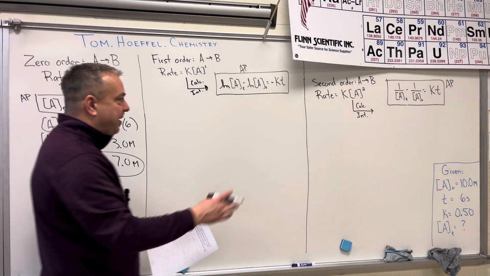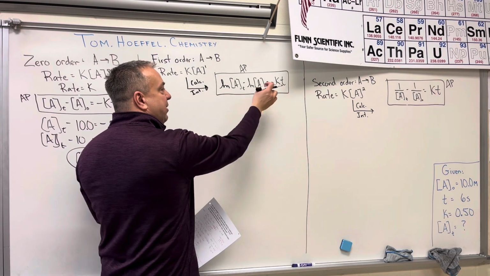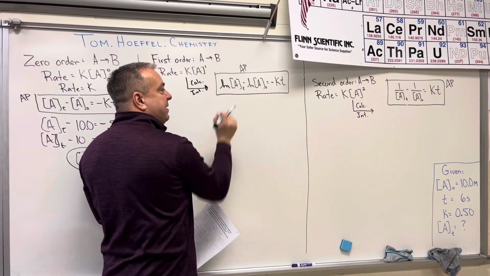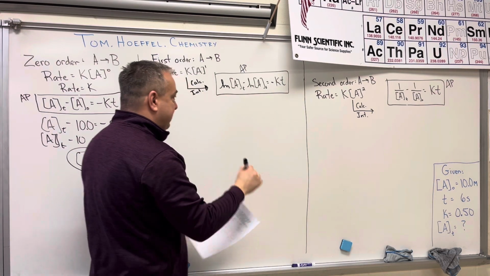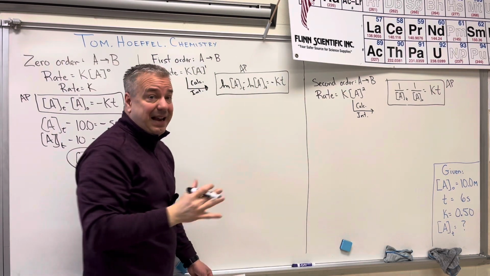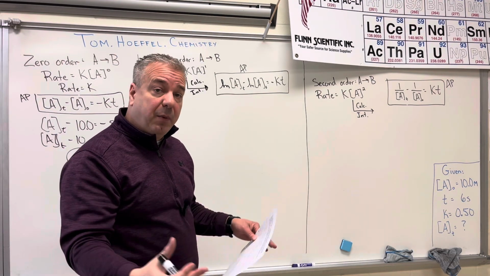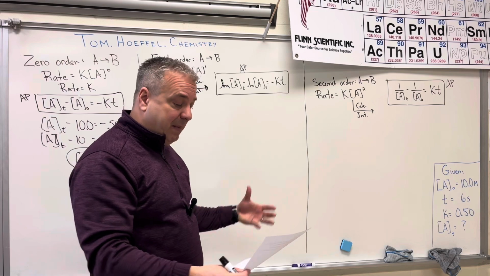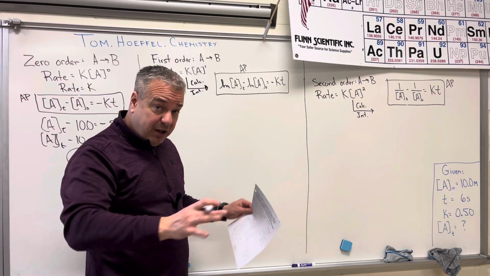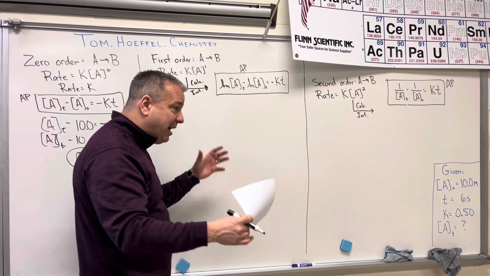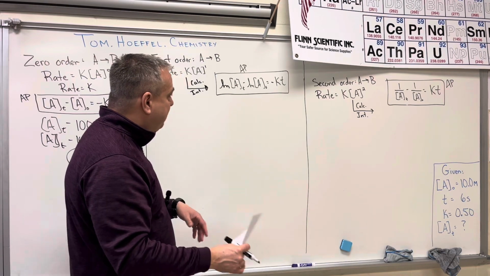Same situation. I know this, and this, and I'm trying to solve for the amount at time t. Now this deals with natural logs, and this tends to give students a little bit more trouble when solving this equation mathematically. If your math skills are good, maybe not, but if your math skills are a little shaky, maybe this will be good to look at.